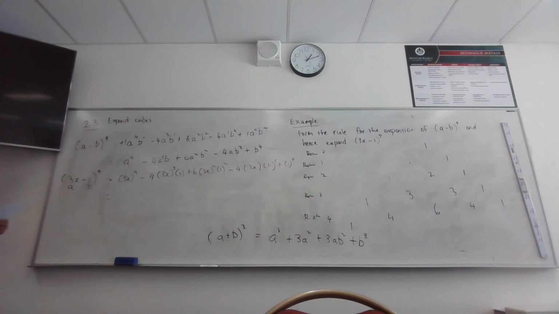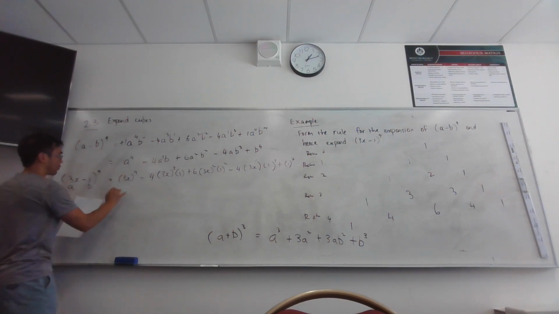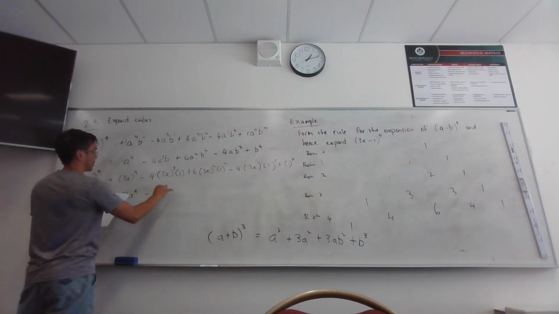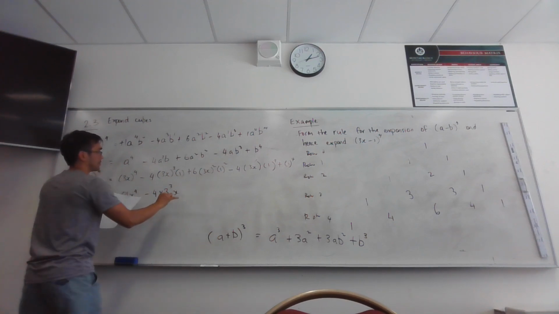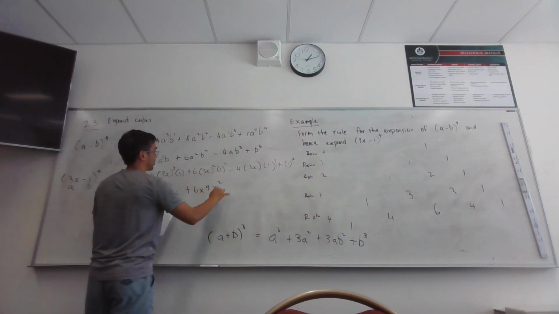Lastly, if we do 3 to the power of 4, you can do it on your calculator if you want. I'm just doing all the working out. Let me know if I made a mistake.